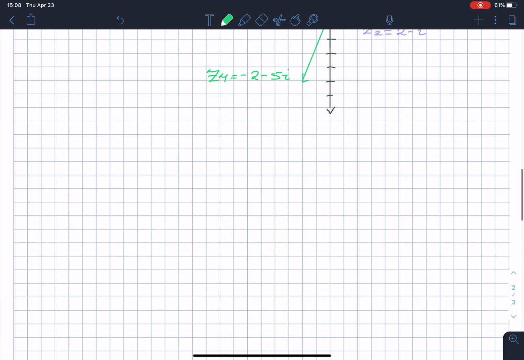Okay, so let's recall that x is r cosine theta, and y is r sine of theta.